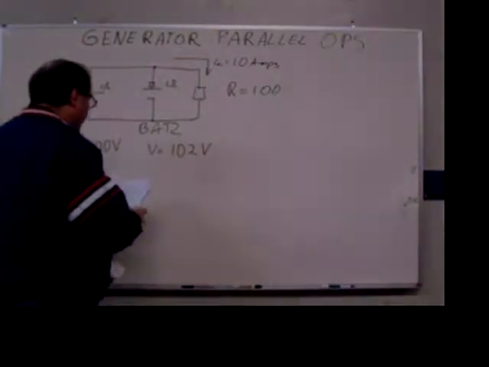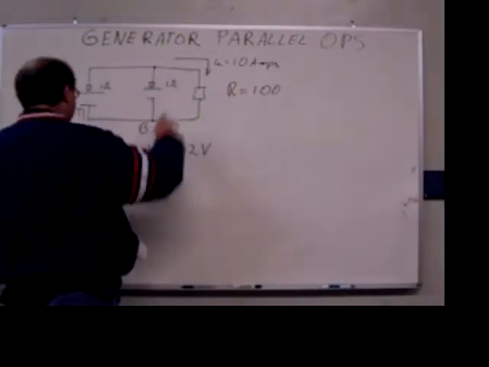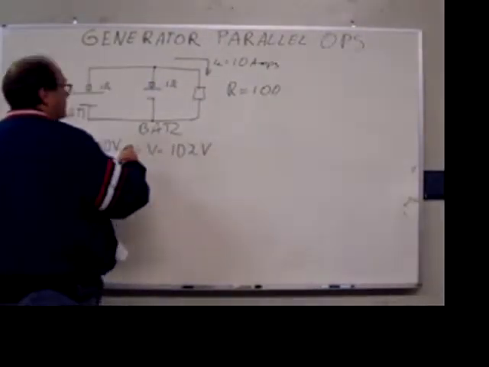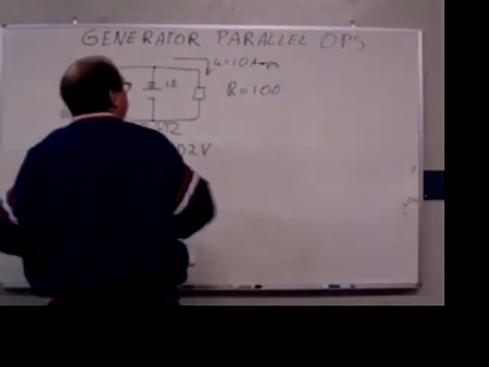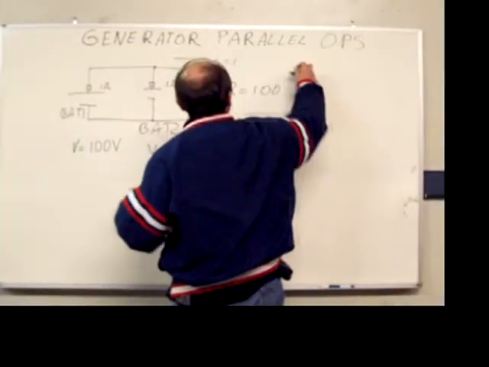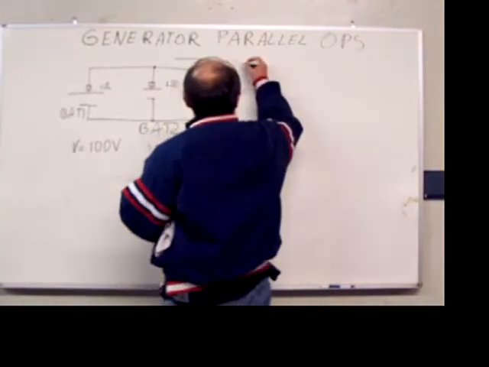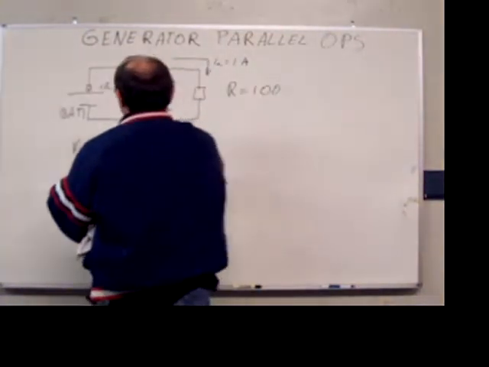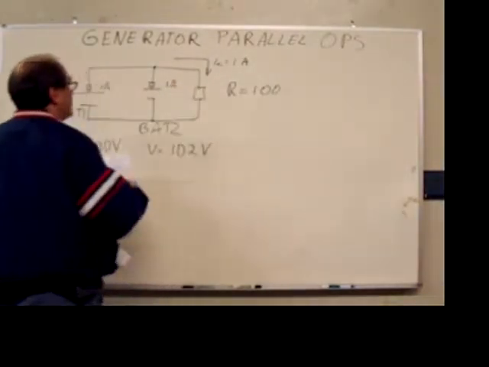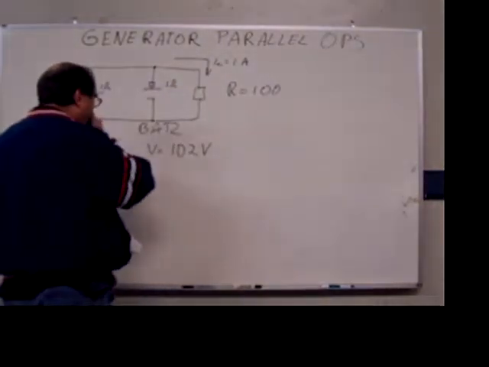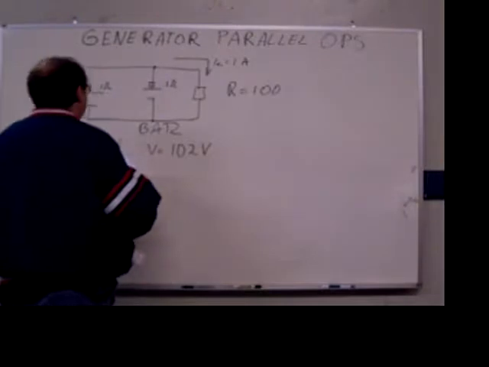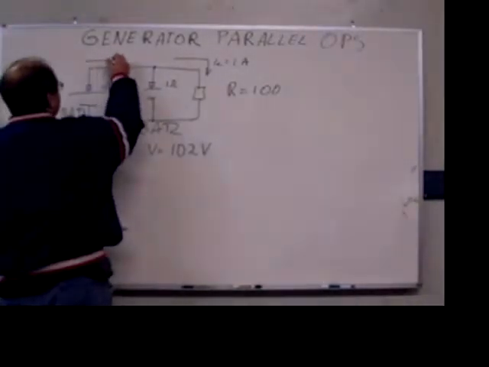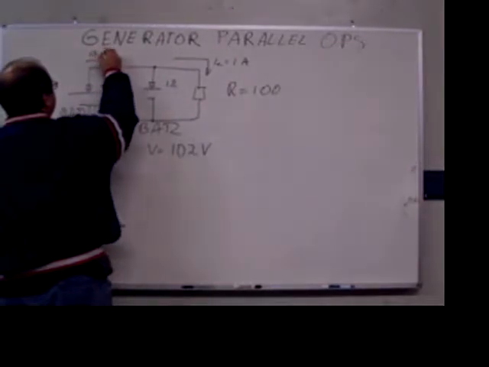Now our 10 amps will divide as follows. The load resistance is 100 ohms at 100 volts, which gives me a 1 amp load. The current in this battery is going to go in this direction: it's going to be 9.5 amps.